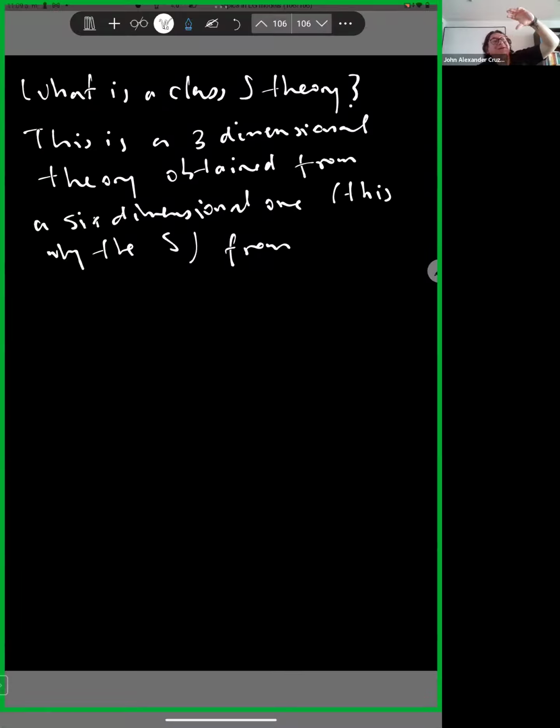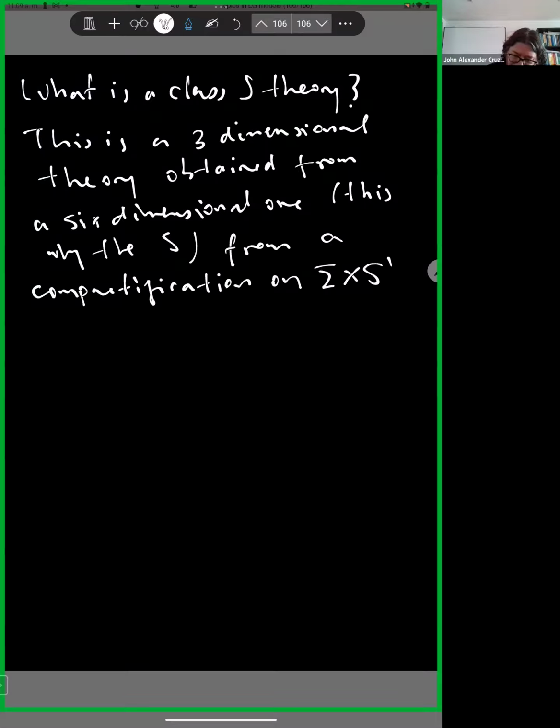So you start with a six-dimensional theory and you reduce the dimension by compactification on sigma times S1, where sigma is a Riemann surface.